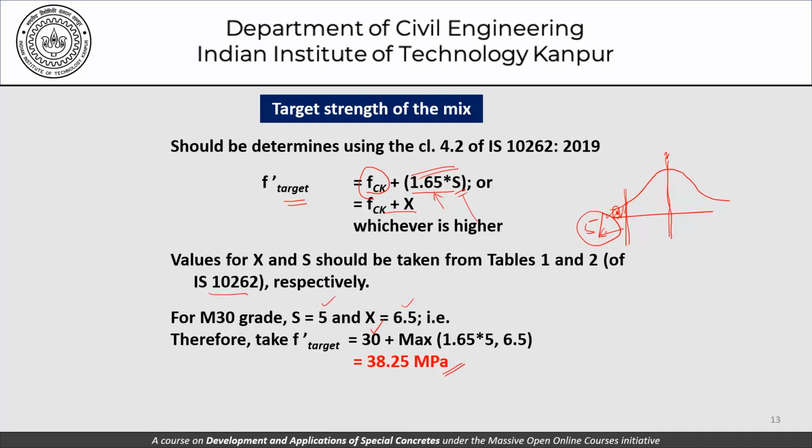And apart from this, a certain fixed number is also given to you. So obviously, if you are able to reduce your standard deviation to, let's say, 1 or 2, then this number will become very small. What the code is telling you is that in those cases, the proportioning cannot be too close to M30, but it should be at least 6.5 MPa away from this characteristic value.